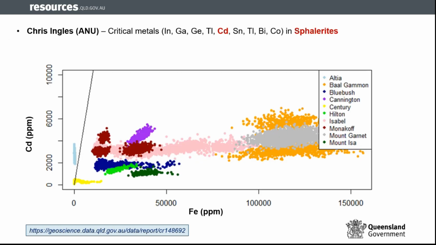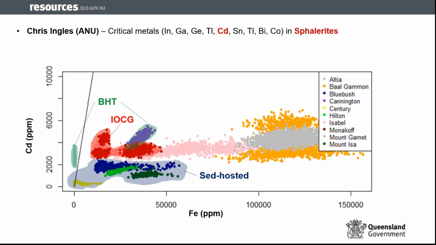And the same diagram they used to show the distribution of cadmium versus iron, very simple, straightforward, and we see this clustering of the data, with the deposits of sediment-hosted deposits versus IOCGs and Broken Hill type.